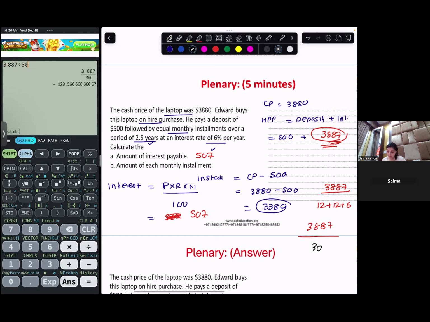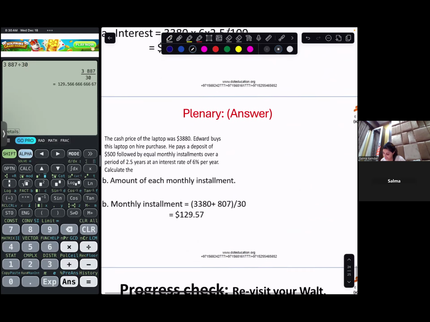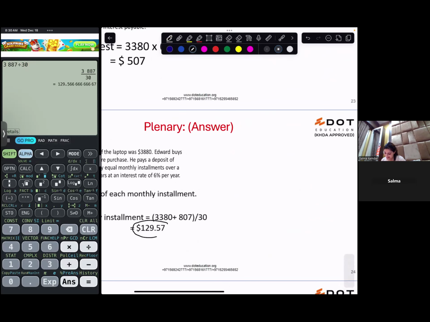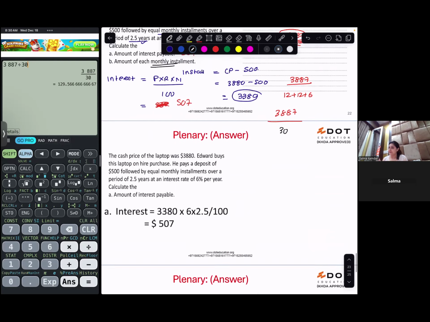So the amount that I am going to pay each month would be $129.57. 3887 is my total remaining amount plus the interest. This I'm going to pay over 2.5 years, over 30 months. So the amount in each monthly installment would be $129.57.